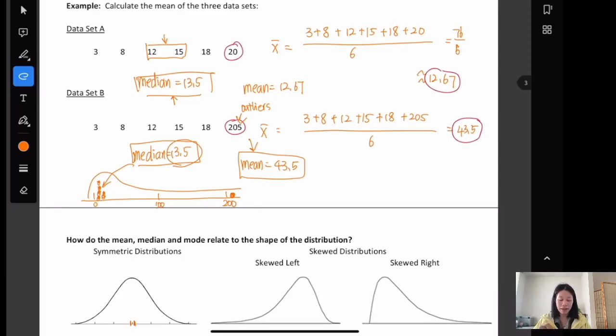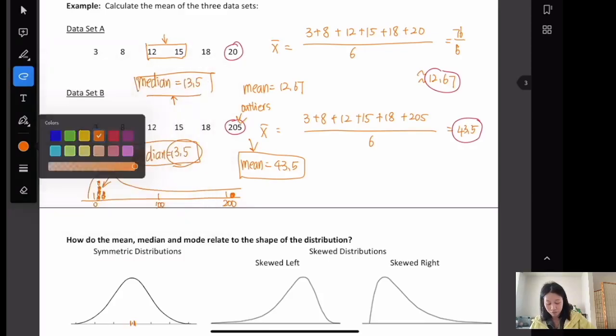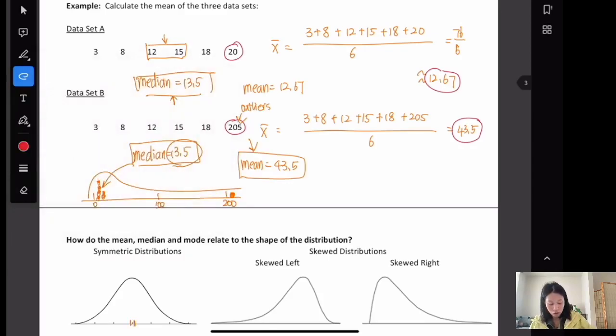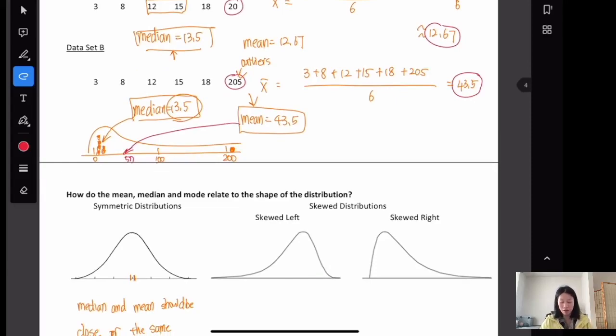But once you add outliers, your mean becomes maybe close to where 50 is. Your mean is going to be on the right side of your median if your data is skewed right.